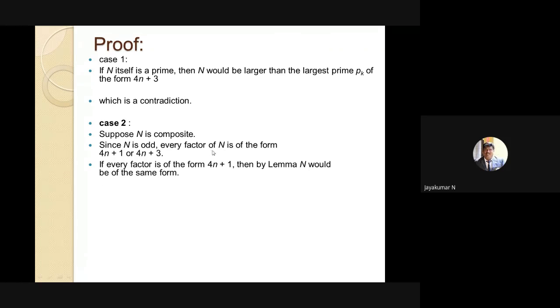That is, suppose n has many factors, and each and every factor of n is of the form 4n plus 1. The product of 4n plus 1 becomes again 4n plus 1.